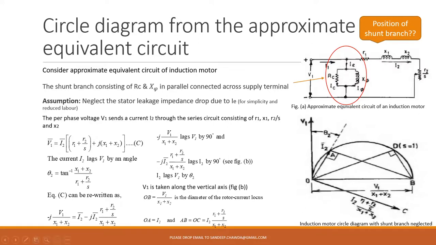So here OA represents your rotor current. This will be your AB, similar to the previous case; parallel to OC we have drawn one line AB here. So AB and OC will show you this component of the current, I2 into (R1 plus R2 by S) divided by (X1 plus X2).